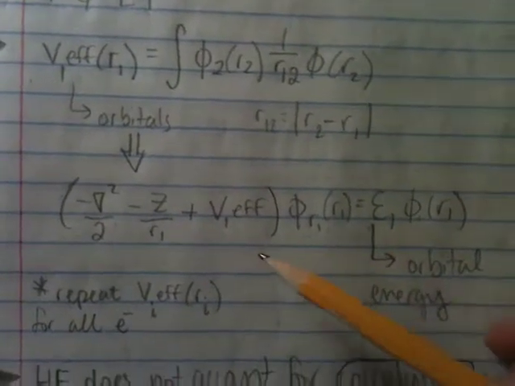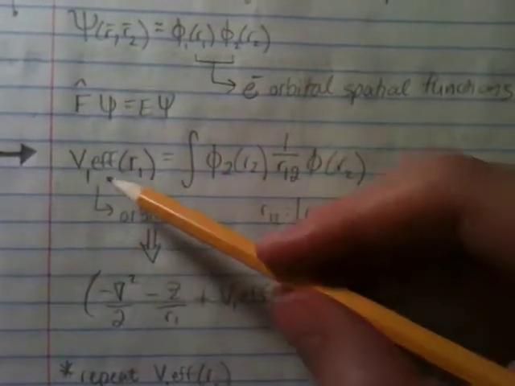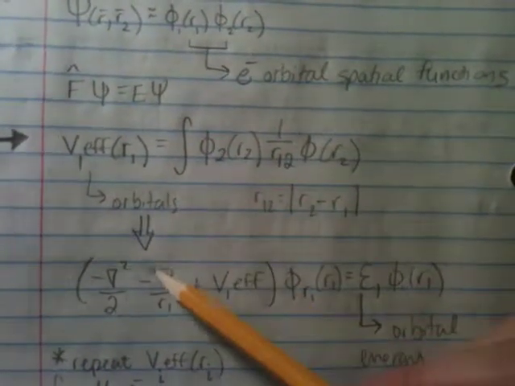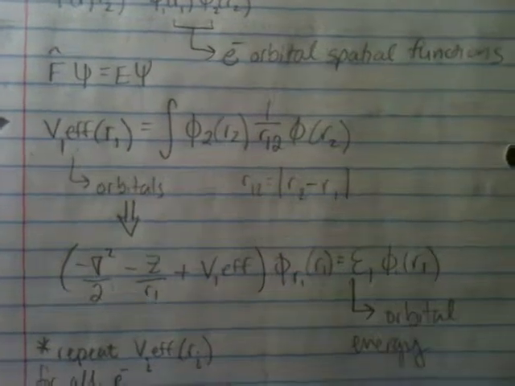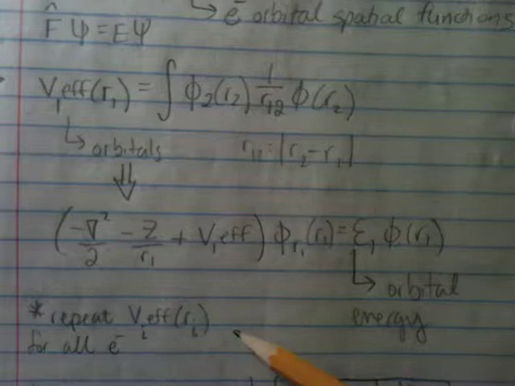If you can imagine, this is going to be your F. Once you put in your effective potential, your new Hamiltonian will look something like this.